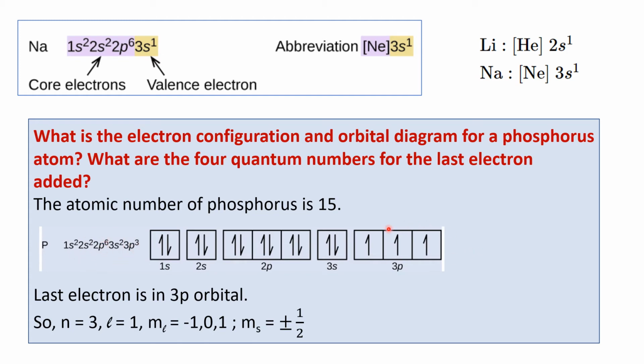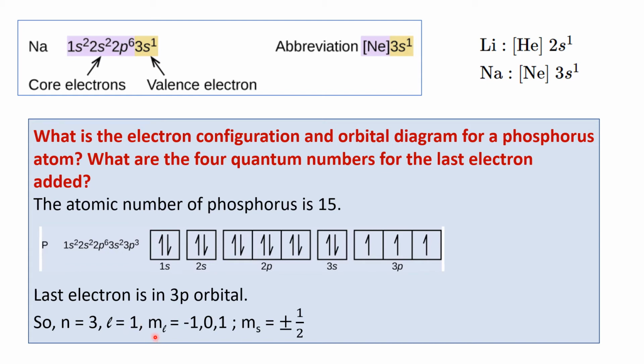So the last electron is present in 3p orbitals. We need to write the quantum numbers for the last electron added. So n is 3, because this 3 is the shell. Then l is equal to 1 because it is a p orbital, so p is 1.